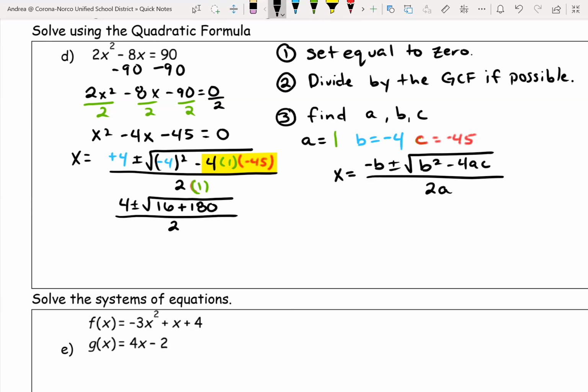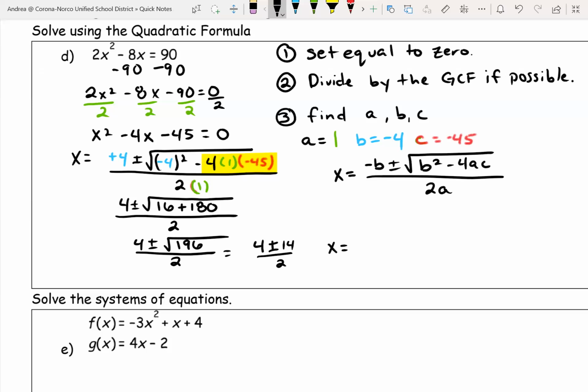That gives me 4 plus or minus the square root. 16 plus 180 is 196, all over 2. Just in case you didn't know, the square root of 196 is 14. So we have 4 plus or minus 14 over 2. Now I have to split that apart.